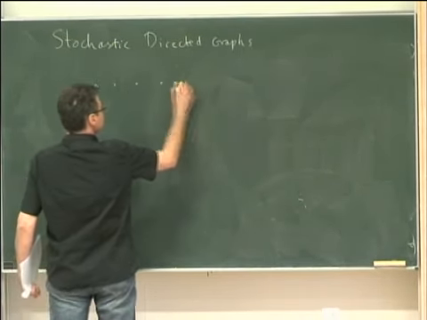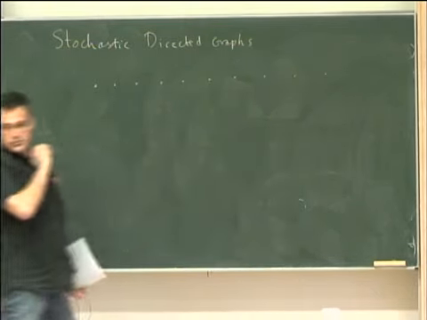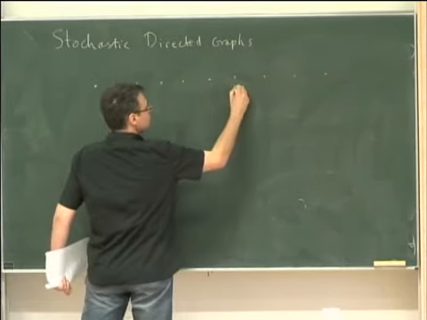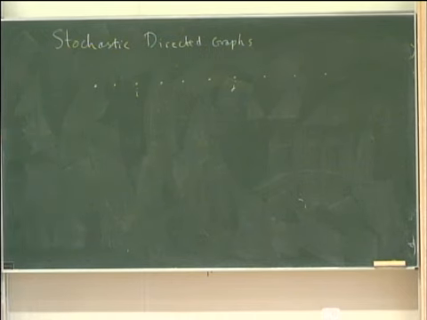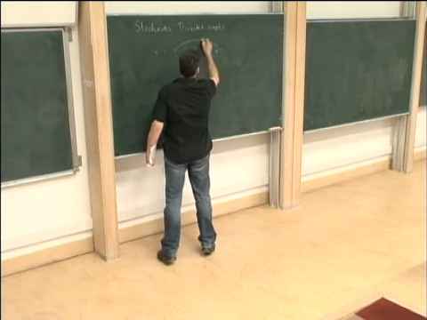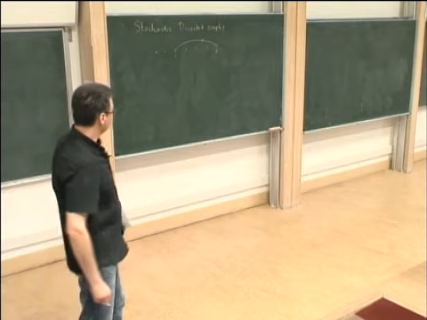We have the integers, and it's a directed graph, always directed from left to right. We take two integers i and j, i smaller than j, and then we toss a coin whose probability of heads may depend on i and j, and if heads, we put an edge directed from i to j. If tails, we don't.